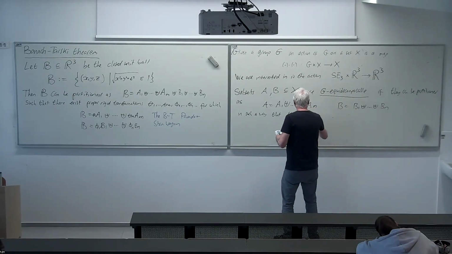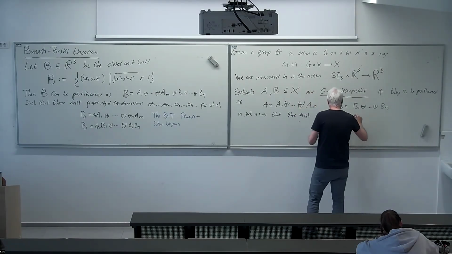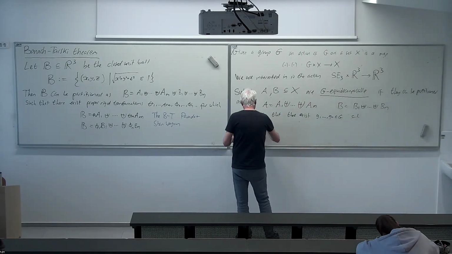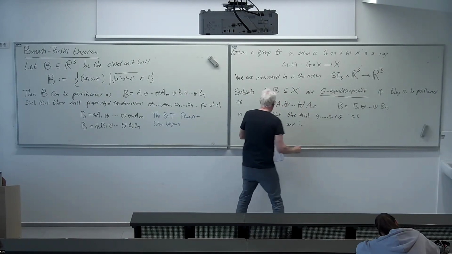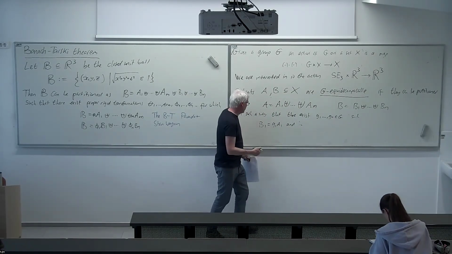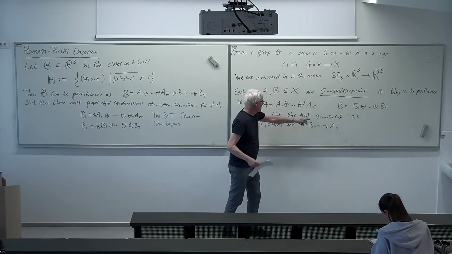There exist elements G1 to Gn of the group such that B1 can be obtained by moving A1 under the group, and Bn can be obtained by moving An under the group via G1 to Gn.